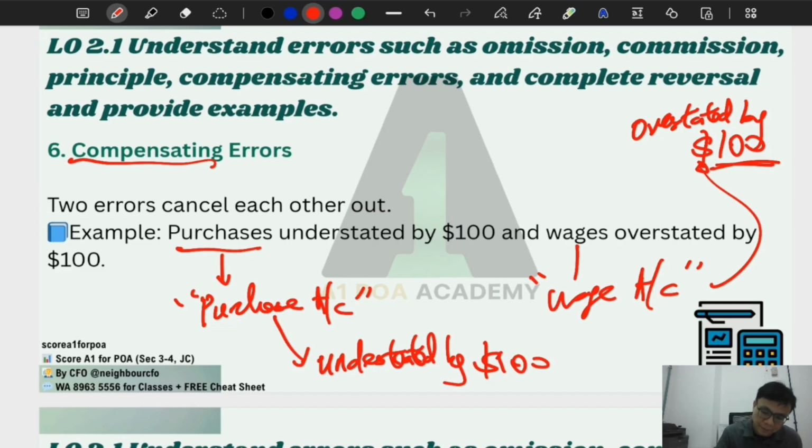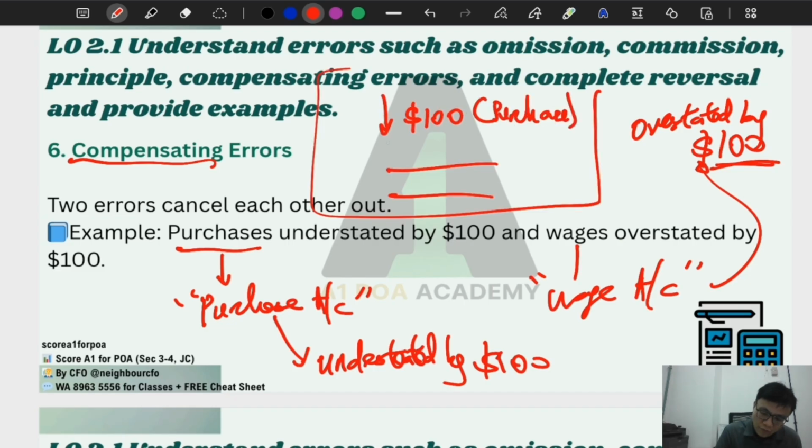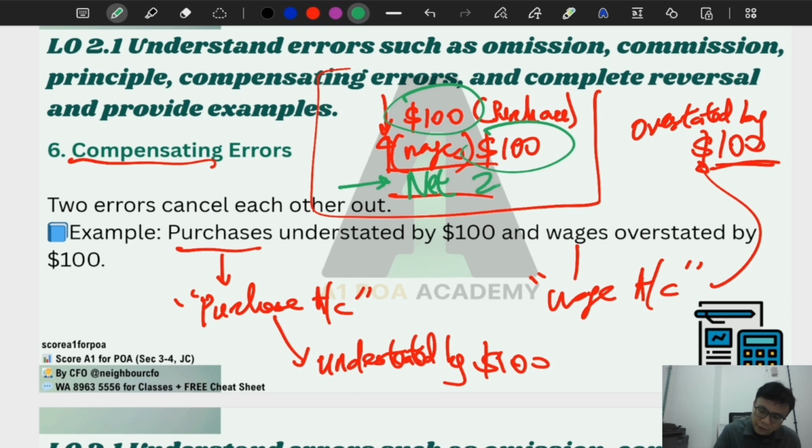When you look at it, the understated $100 for the purchases and the overstated $100 of wages, these two as a whole will give you a net effect of 0. So it compensates against one another. So this is another error whereby your TB wouldn't be able to pick it up.